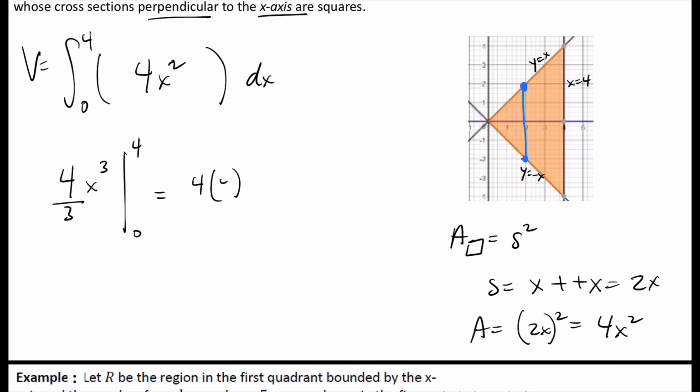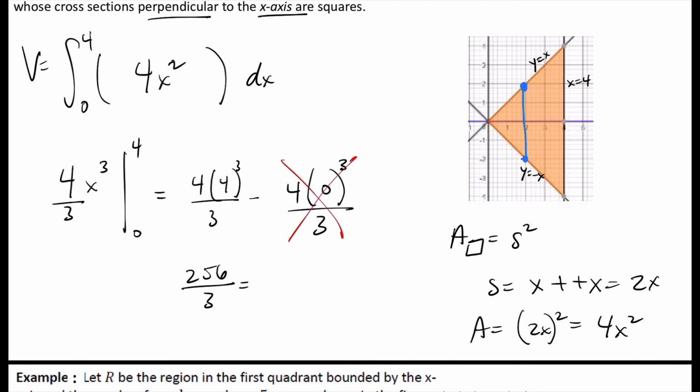So you would get 4 cubed over 3 minus 0 cubed over 3. Luckily, anything times 0 is just 0, so that's going to go away. So 4 to the third power is 64. 64 times 4 is 256 over 3. Does it go in? No. So we'll leave it like that.